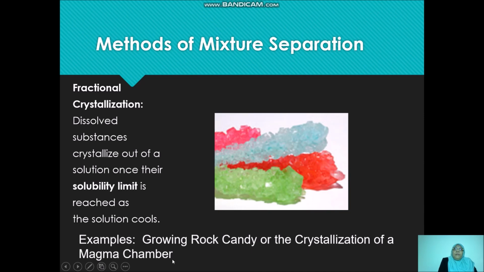If there is a saturated liquid, that means the maximal solute in the solvent to make the solution.